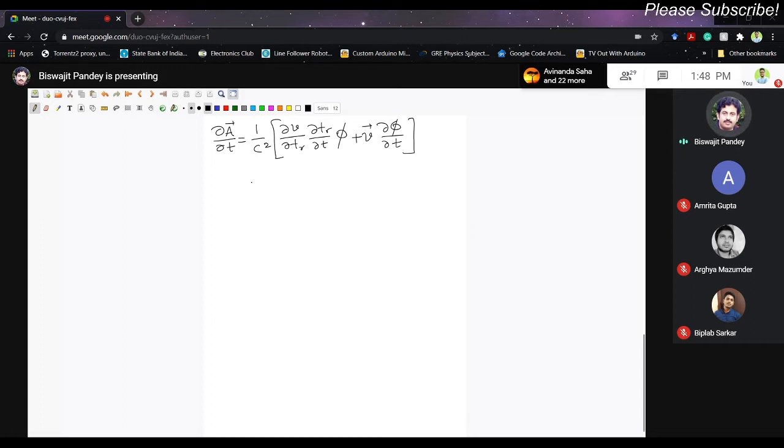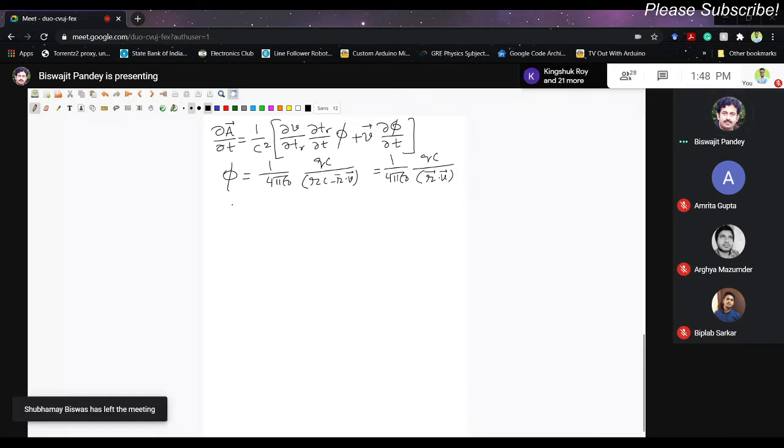Maybe I should write phi once again. Phi is 1 over 4 pi epsilon 0 QC divided by RC minus R dot V, or R dot U, whatever you write, or 1 by 4 pi epsilon 0 QC divided by R dot U, right? And we have now calculated the value of del TR del T. I am rewriting it here once again, just to remind you.